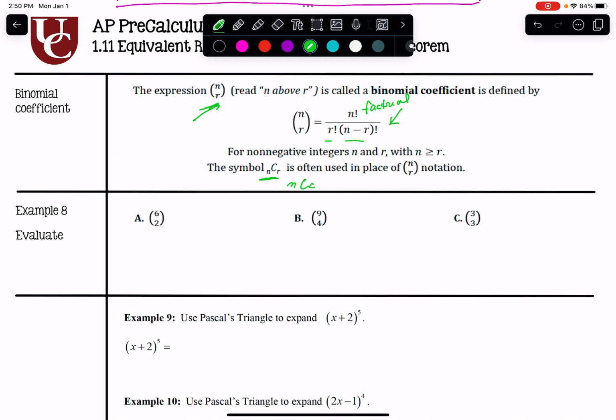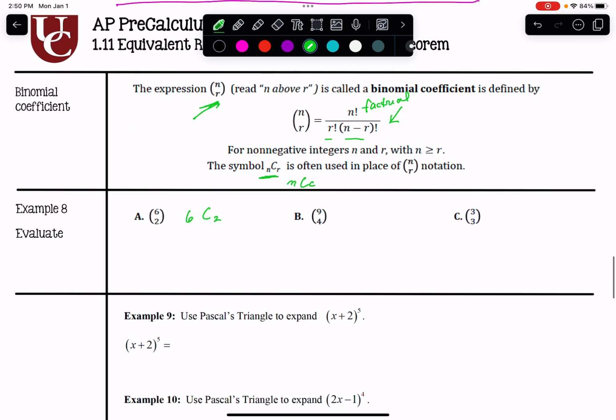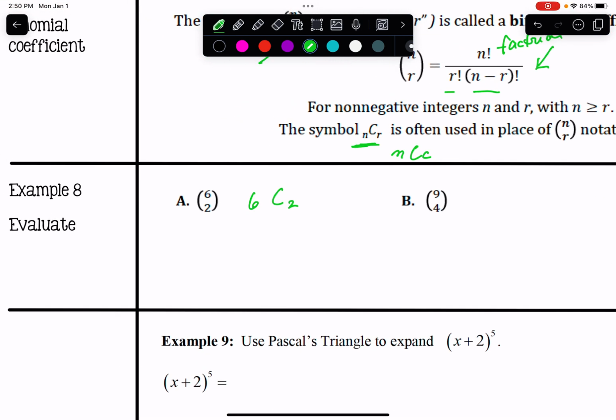So this would look like 6C2. I'll show you how to do factorial. If we have 6C2, it would be 6 factorial, that's n factorial, over 2 factorial, and then 6 minus 2 factorial.